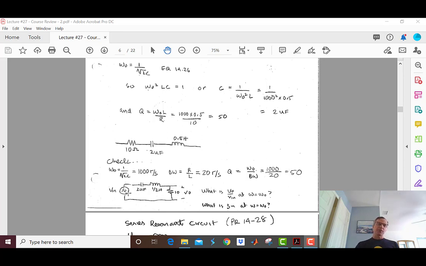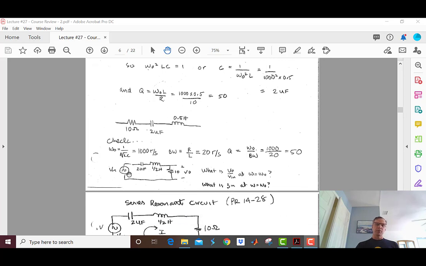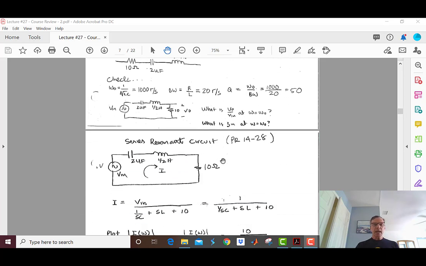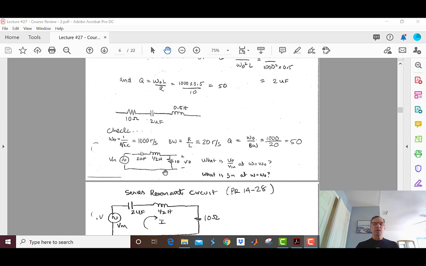So now let's fire this circuit up. Let's put in an input voltage, and I'm going to ask you, what's V out over V in at omega equals omega naught? And you'll see in my practice finals, I've asked this question before. And what I don't want you to do is do all the analysis.